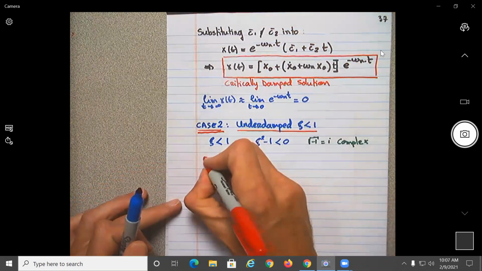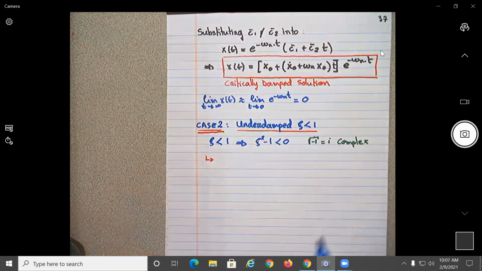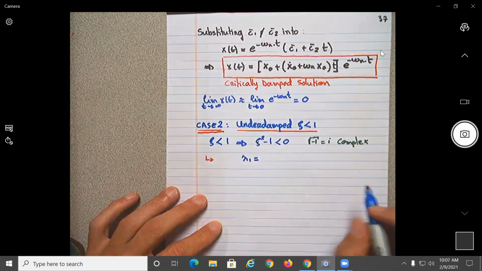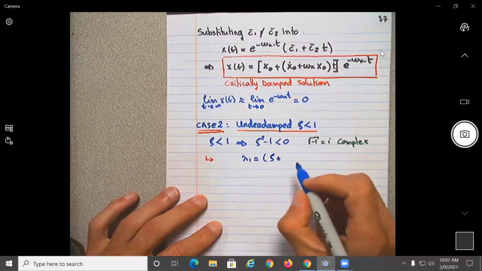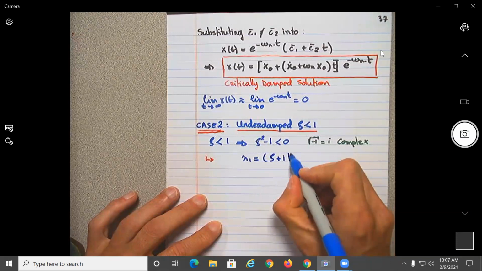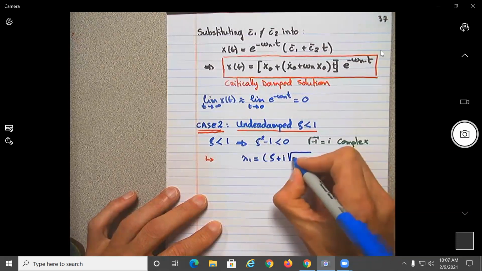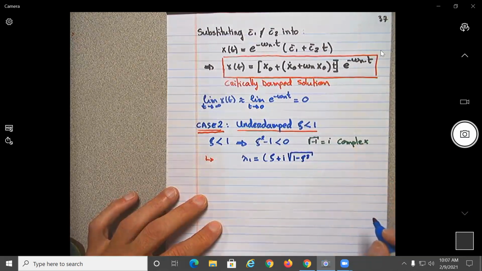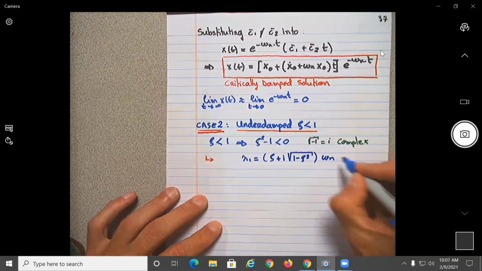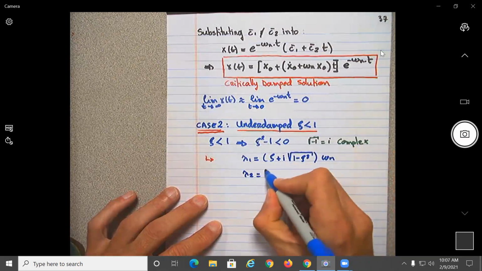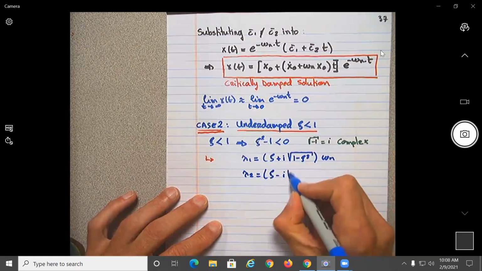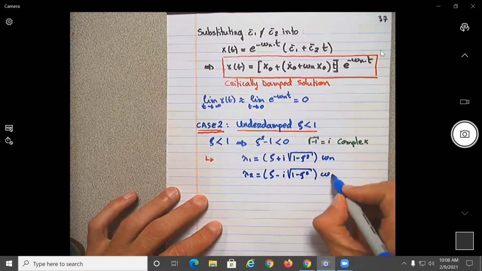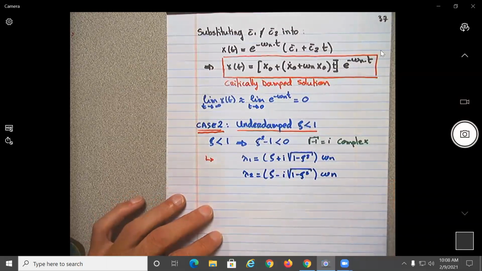So this implies that the first root, lambda 1, will be equal to zeta plus i square root of 1 minus zeta squared omega sub n, and lambda 2 will be the same thing, minus i square root of 1 minus zeta squared omega sub n.